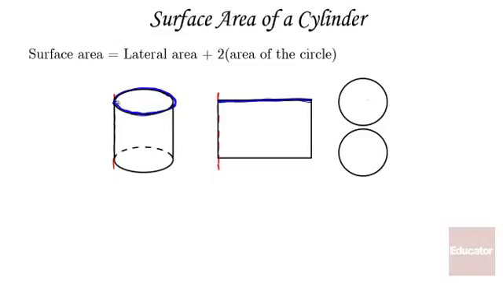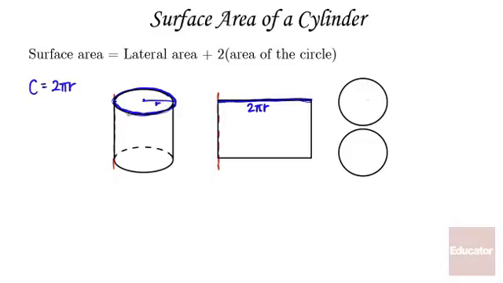So to find the circumference of a circle, it's going to be 2 pi r. So this is 2 pi r. Circumference equals 2 pi r. Pi is 3.14. There's the r, there's the radius.